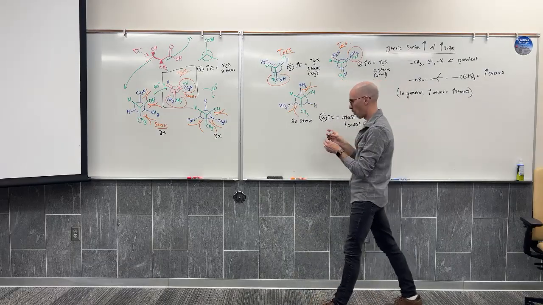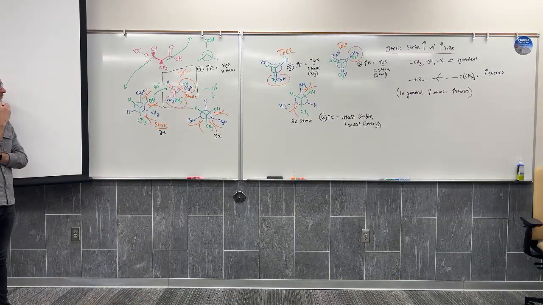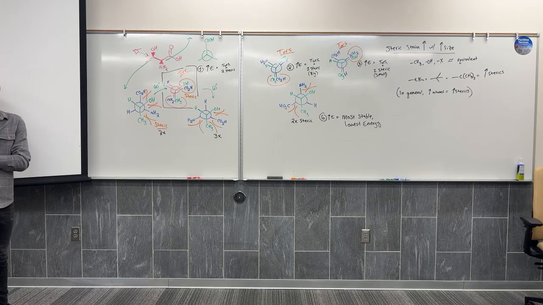What about 4 and 5? The one that takes up more space. The one where the methyl and the carboxyl are against each other, would that create more steric strain because they're both larger?